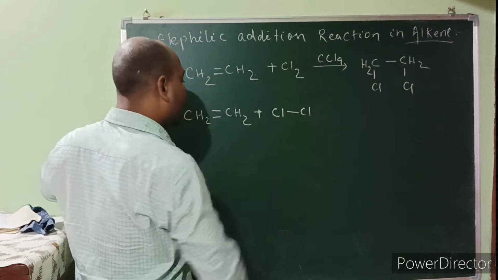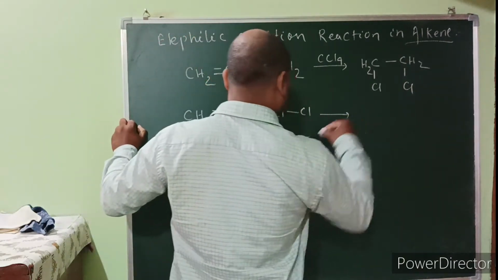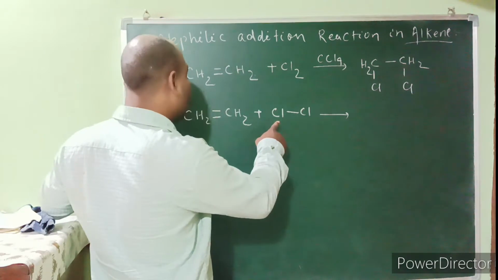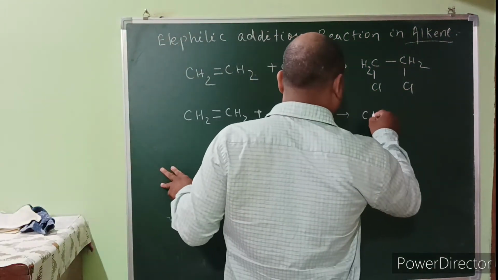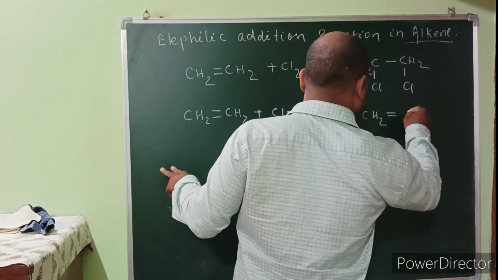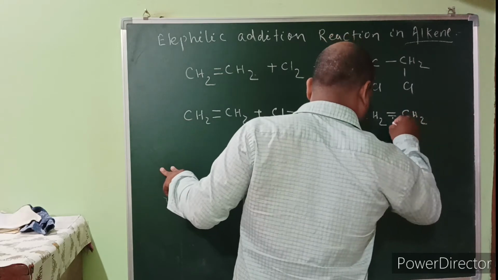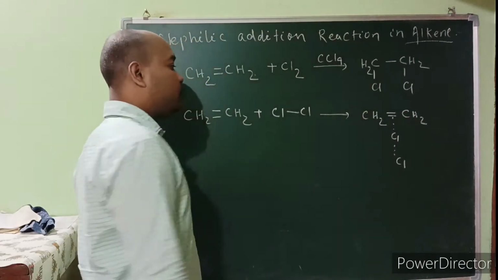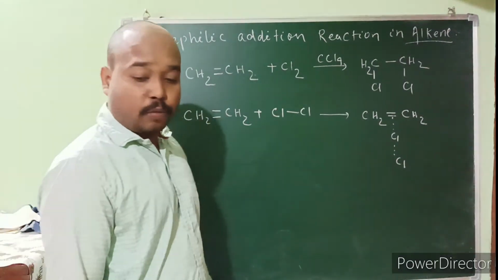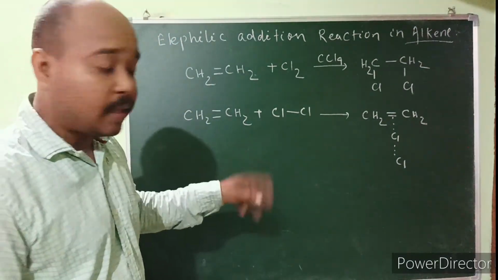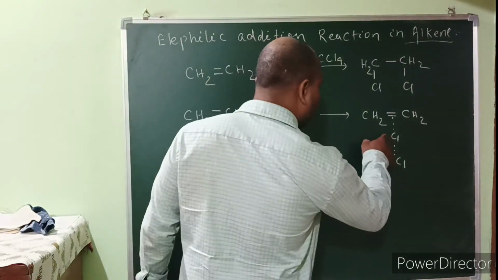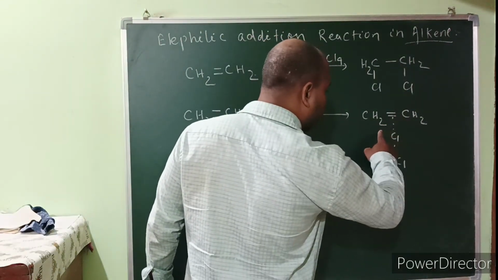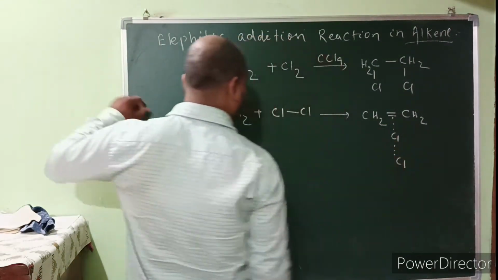It will attack here. It is also electronegative in nature. So our product will be like this. Then this pi bond will break and form bonds with chlorine.